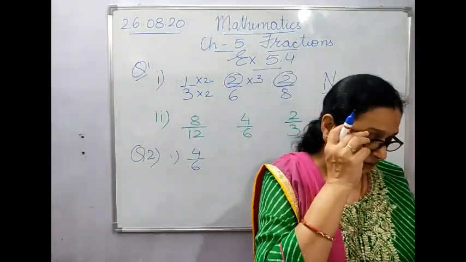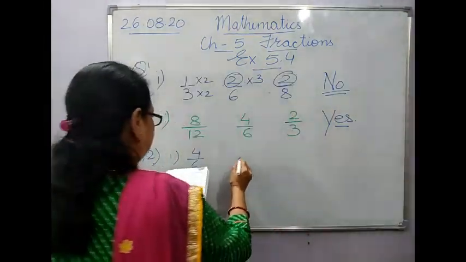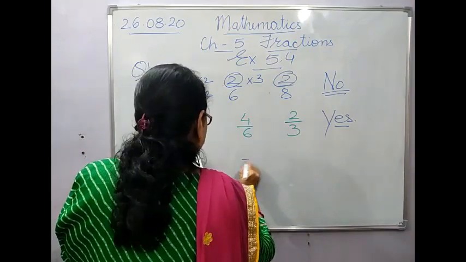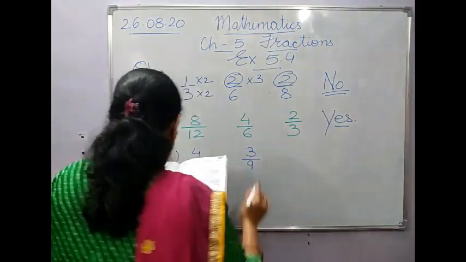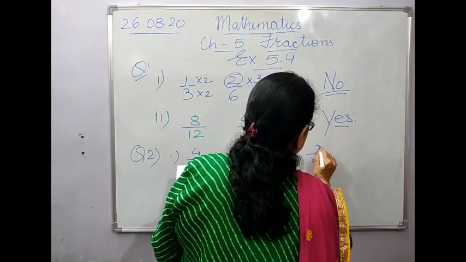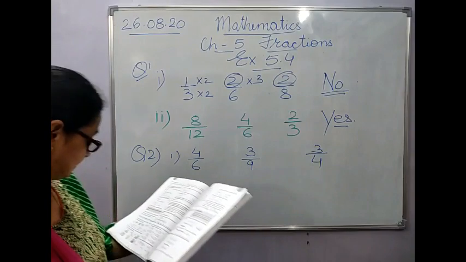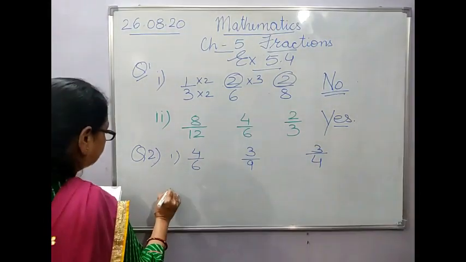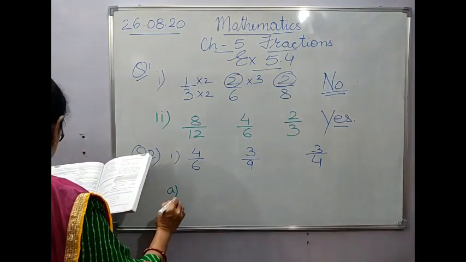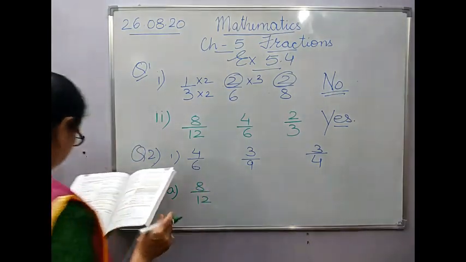Now you have to find out the equivalent fractions. In the second one, it is 9 parts, out of which 3 are shaded. And in the third one, 4 parts are there and 3 are shaded. And in the next one, A, 12 parts are there and 8 are shaded.